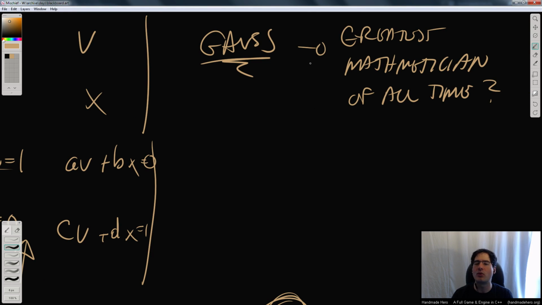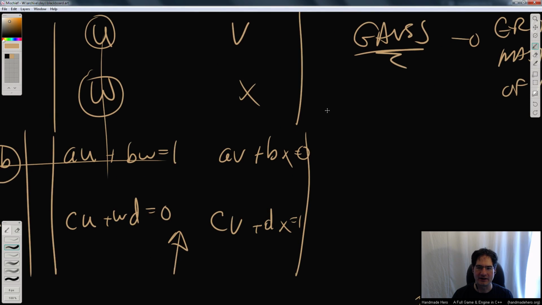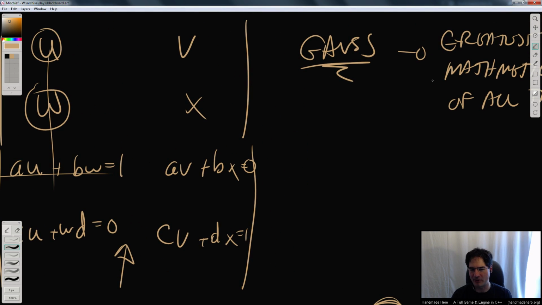There might be 1 or 2 other people who could be competitors, but Gauss is pretty insane. And like I said, I think on an earlier stream, he even invented stuff that other people have their names on. Like the Fourier transform, I think, was actually him. He just didn't publish it or something, but he actually got it first.